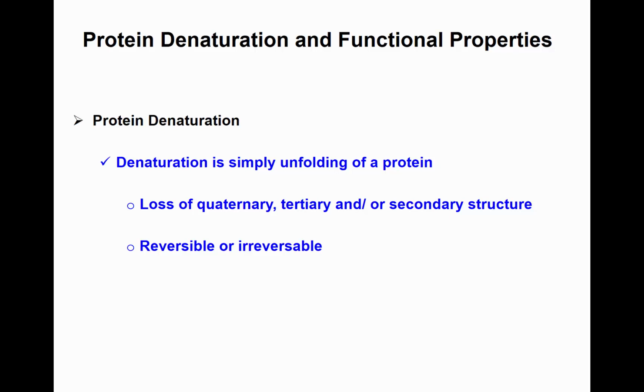So all of these are different steps of denaturation, but any change in the structure is a denaturation. It could be reversible or irreversible. Meaning you can denature the protein and it can go back to its native form, or you can denature it and then it takes a completely different form and it's irreversible.